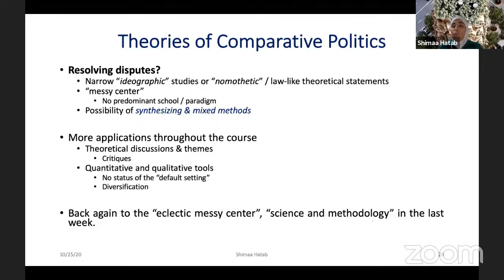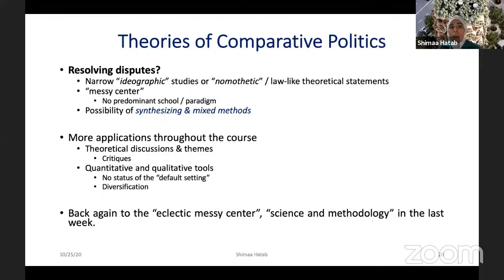And hopefully you will finish your research methodology course as well, so things will get much clearer than now. You can grapple with this big picture in political science and comparative politics specifically.